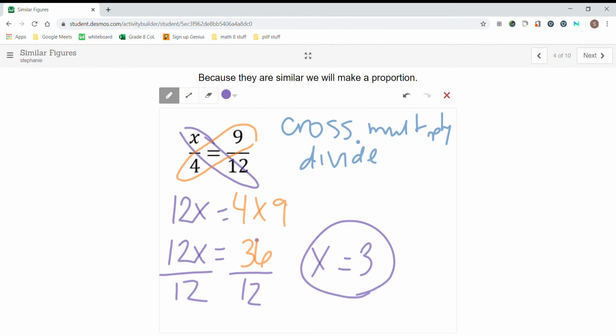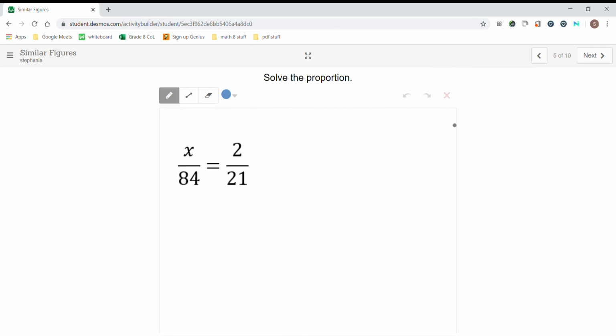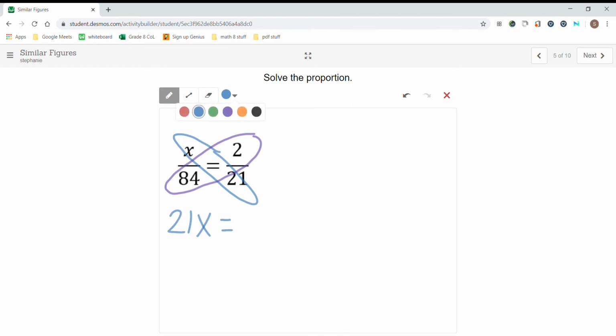We're going to practice a few more. So this one, again, I'm going to cross multiply and divide. So I'm going to make my x here with my markers. I've made my x. I like to always do the one that has the x in it first. So that would be my blue. So I'm going to have 21x equals 84 times 2.